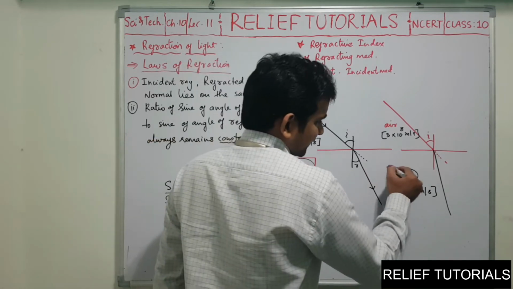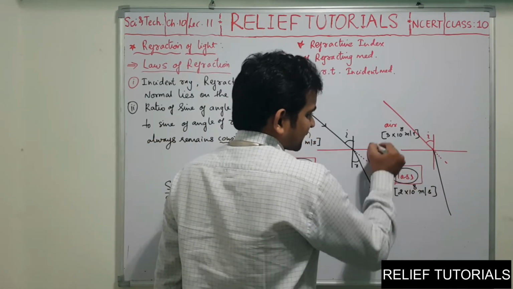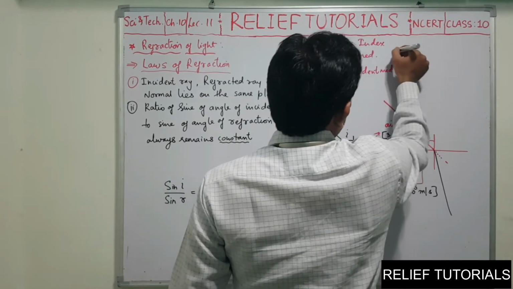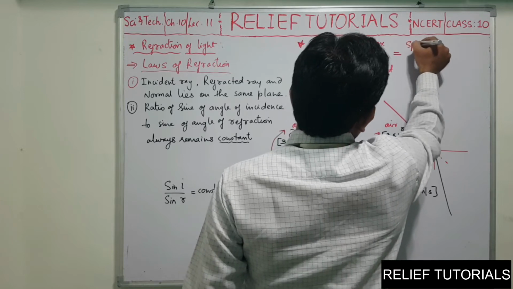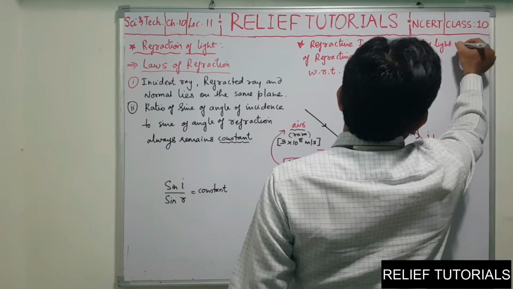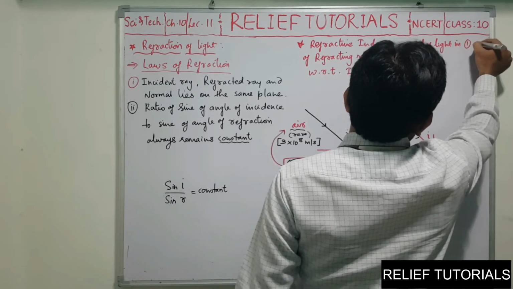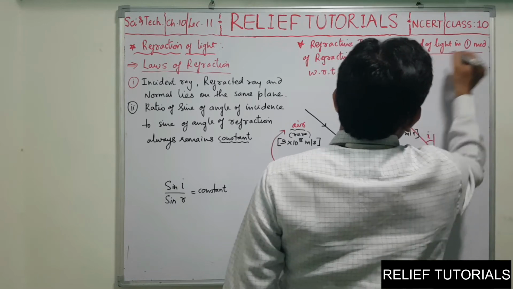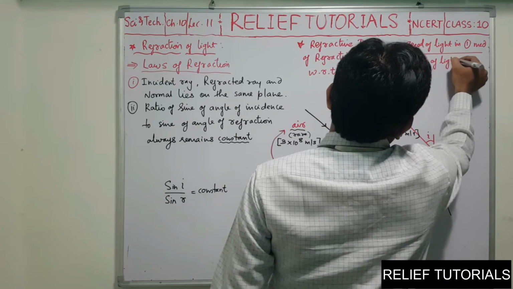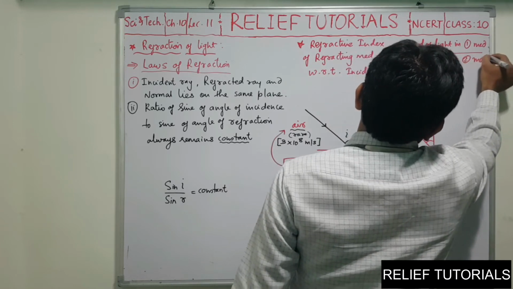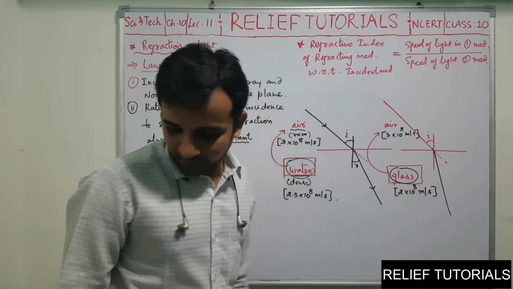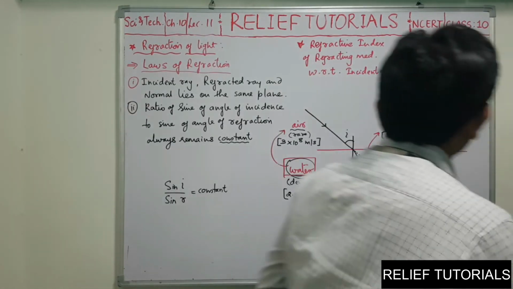In this example, refractive index will be of glass with respect to air. So the formula is refractive index equals speed of light in first medium upon speed of light in second medium. First medium means incident medium, second medium means refracting medium.